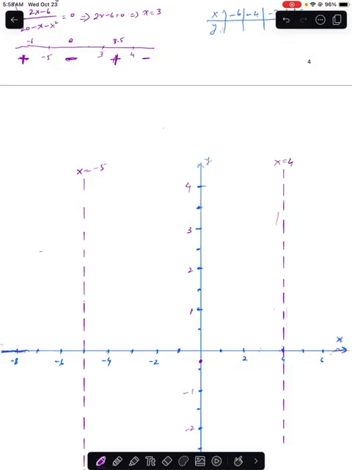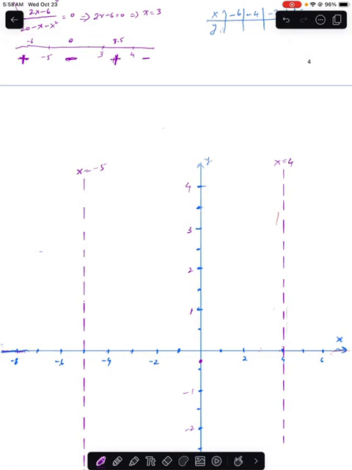Actually, I should have sketched the graph in landscape, because we have more stuff going on on the x-axis than we have on the y-axis. On the y-axis, only the graph will hug the vertical asymptotes.